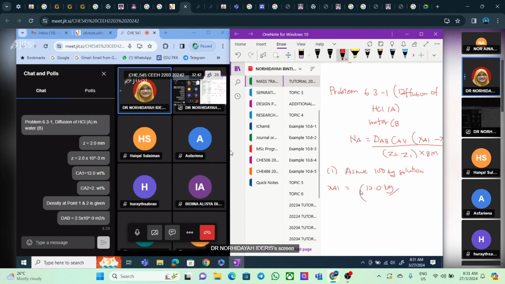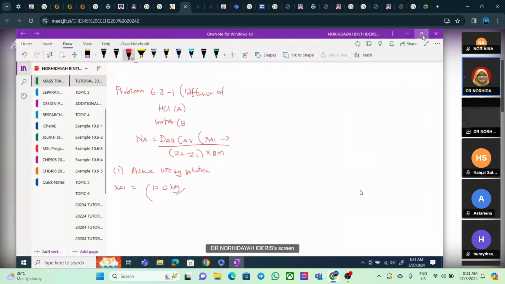First we need to find the molecular weight. If it's not given, in an assignment you can simply Google the molecular weight for A. So A is HCl, which should be 36.47. B is water, approximately 18.